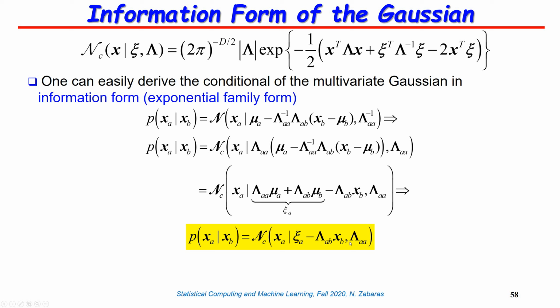It turns out that the natural parameters for this are a precision matrix lambda_AA, and the xi_c parameter for this conditional is xi_a minus lambda_AB x_b, and xi_a comes from the partition of the vector xi_c corresponding to the partition of x into x_a and x_b.